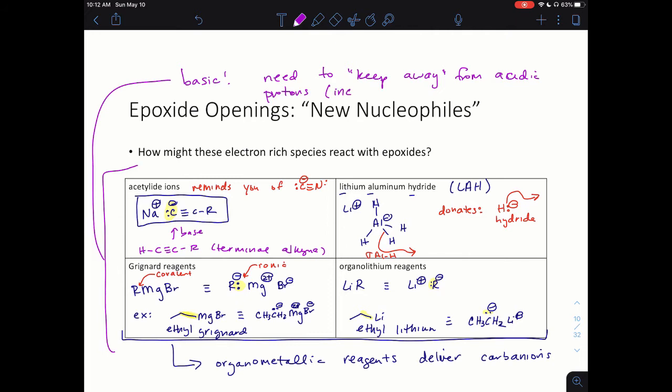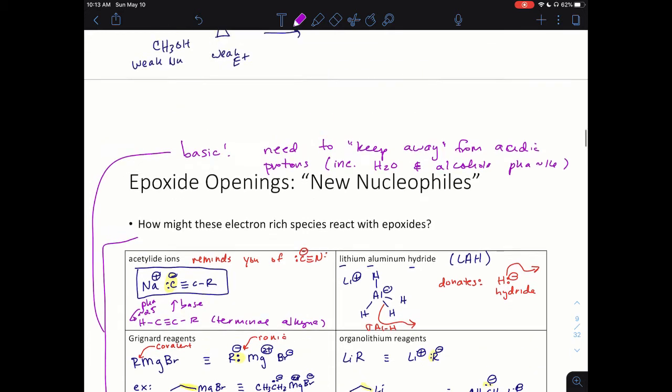So this includes water and alcohols. They have pKa's of 16. If you think about the conjugate acid of the acetylide ion, for example, this has a pKa of 25-ish. So it's definitely a weaker acid than the alcohol. So you want to keep these reagents away from proton sources such as water and alcohols.